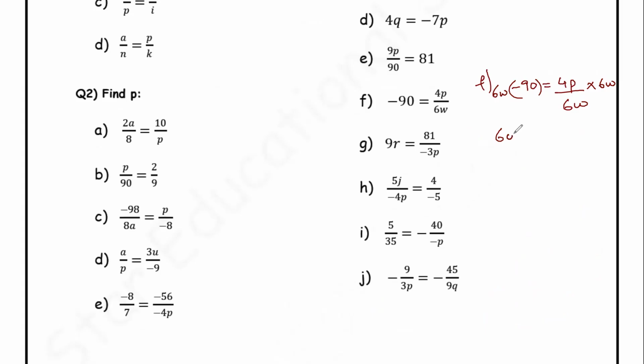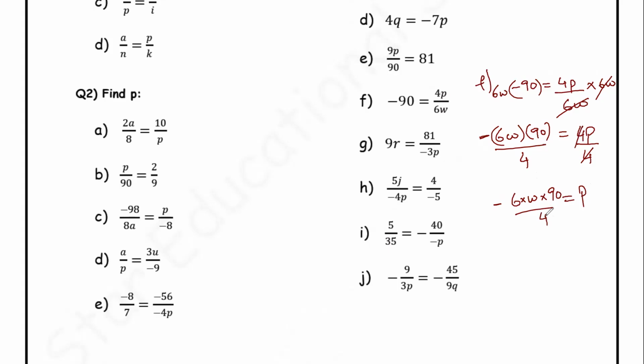So I got 6W negative, I brought the negative out, which is equal to 6W. So 6W cancels. I got 4P. Now I'm going to divide by 4 on both sides. And so I got P is equal to negative 6 times W times 90 over 4.